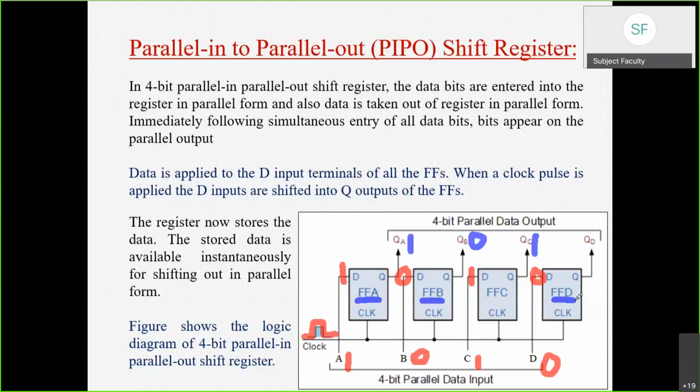And for flip-flop D, the input is 0, so QD will again be 0. And when you collect all of QA, QB, QC and QD in parallel, you get the input sequence which you have given.